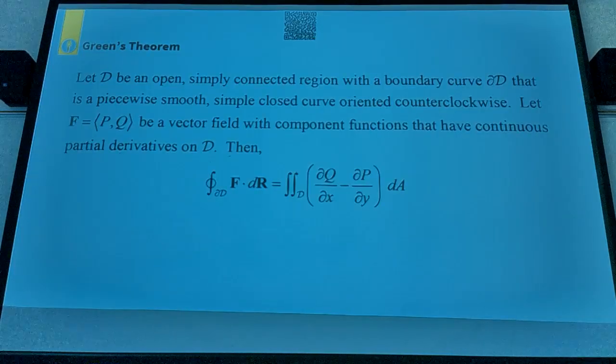Let F be a vector field with component functions that have continuous partial derivatives on D. Then circulation over the boundary of D of F is the double integral over D of partial Q partial X minus partial P partial Y, where P is your first component, Q is your second component of the vector field.